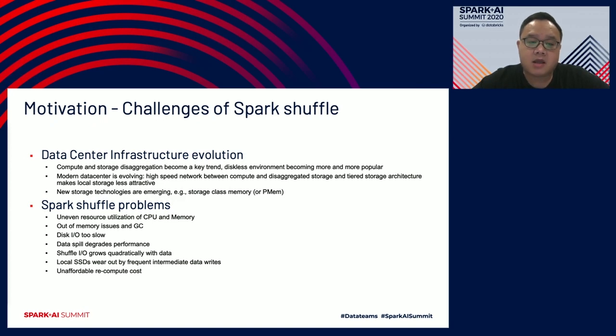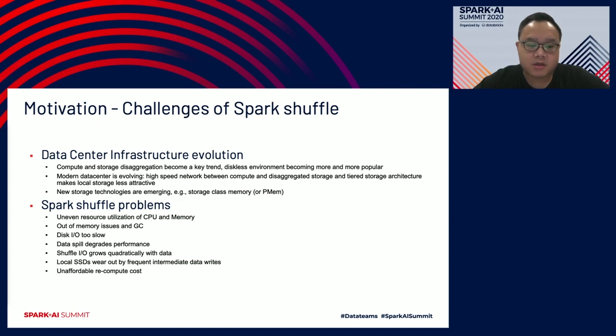But on the other hand, Spark Shuffle does pose some new challenges in large-scale big data clusters. First and foremost, people usually complain that the resource utilization is not very balanced, and usually your job may run out of memory due to slow garbage collection. If you are using a traditional hard drive for the shuffling, the disk I/O is too slow.